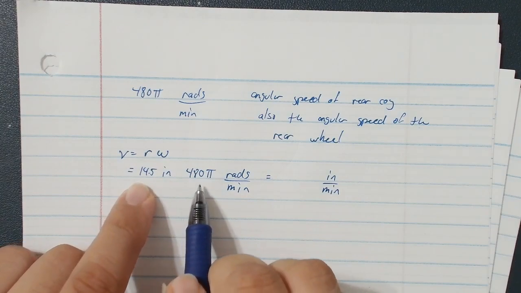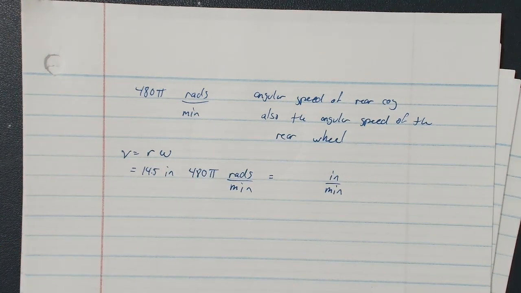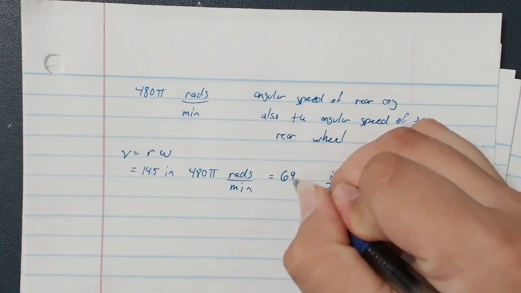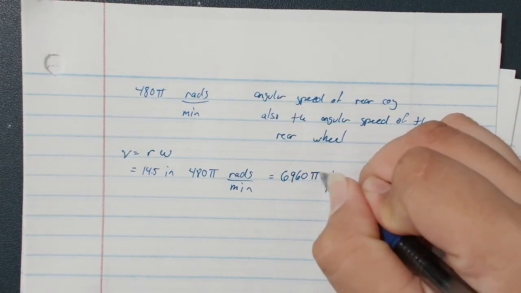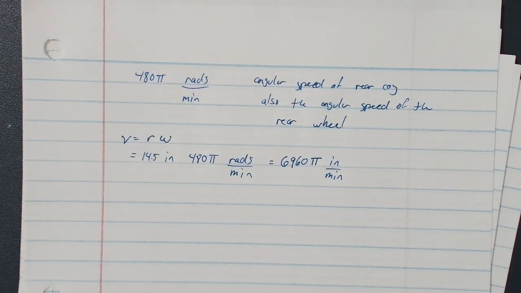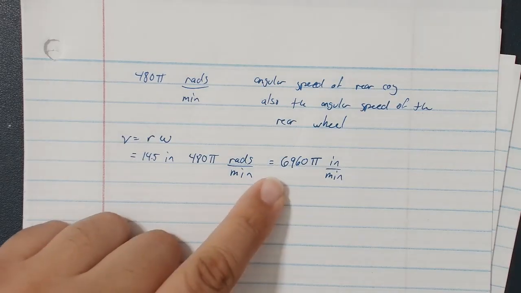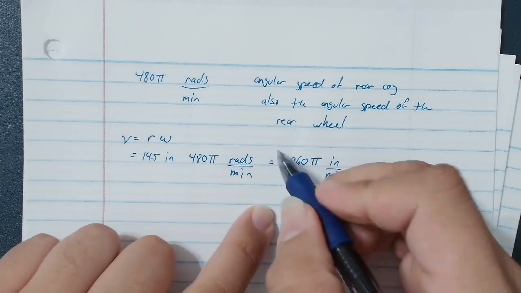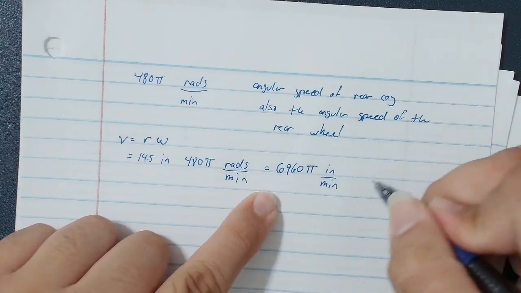And that's going to be, let's see, 6960 pi inches per minute, which would be the linear speed of your rear wheel. You can always convert this into miles per hour if you like, but we're not going to worry about that. So this would be the linear speed of your actual wheel.